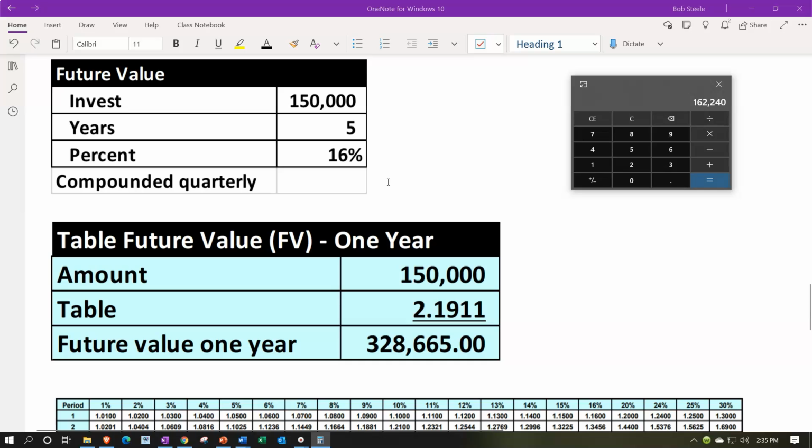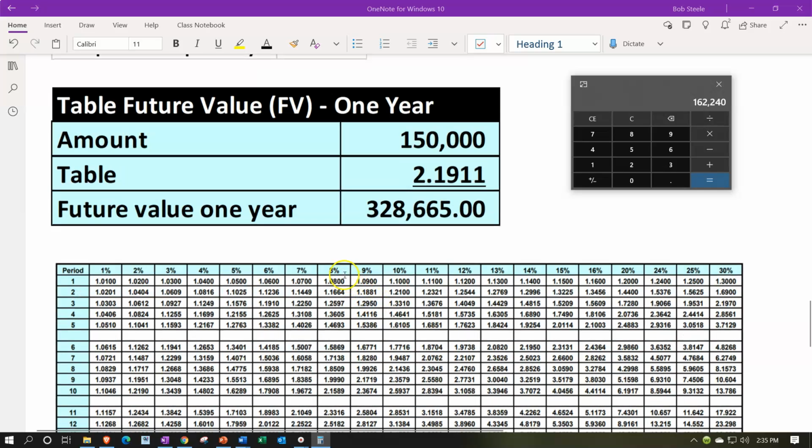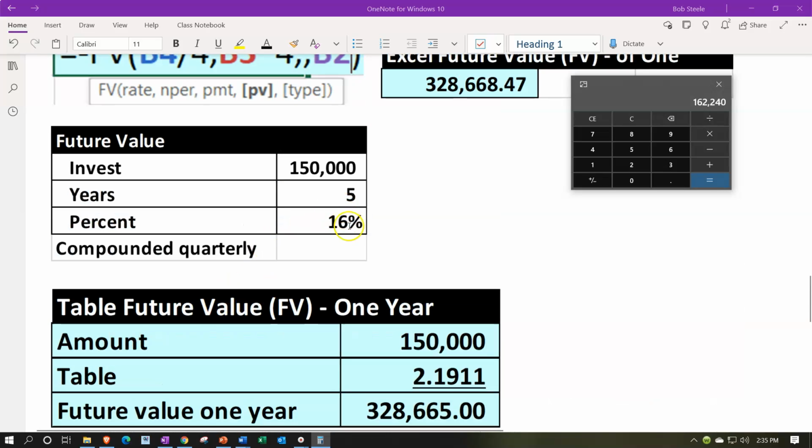If we do this with the table, we have to be careful with the tables as well, because these tables down here do not represent yearly or any particular periods. They just represent periods of compounding and the related interest rates. So up here we have 5 and 16, but the periods that are going to be compounded is the 5 times 4 or 20, and then the 16 divided by 4 or the 4.